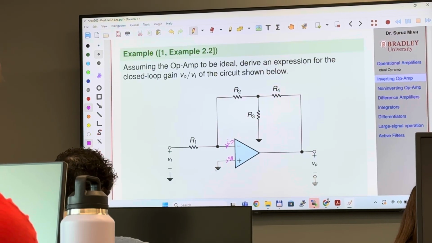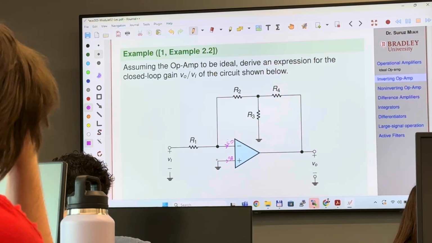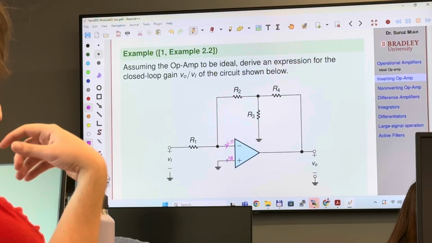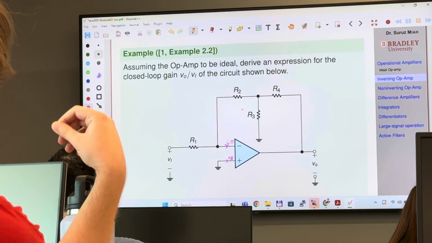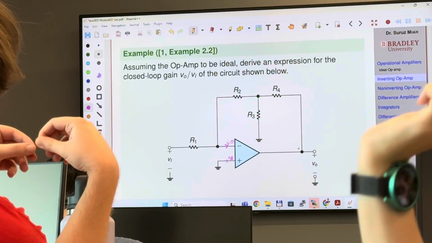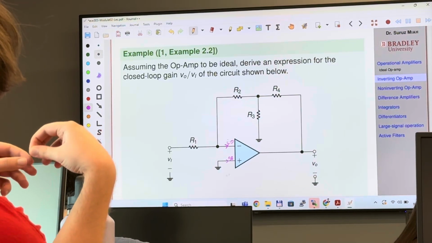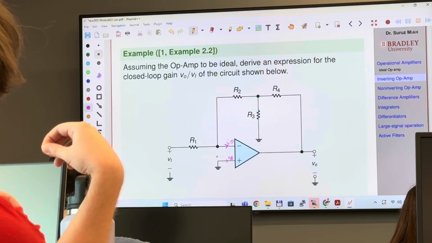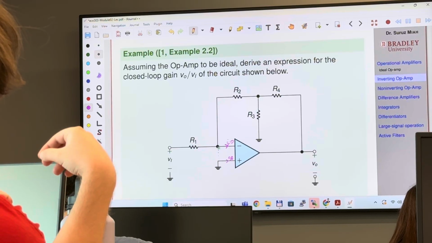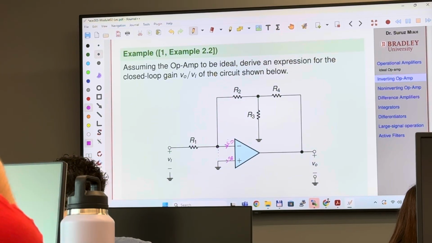So the impedance between these two terminals is infinity. Therefore, no current flows, and because feedback is present, some part of the output will come here and oppose, so the voltage difference between these two terminals is going to be zero. You can just think of these two terminals as virtually shorted. I labeled this because this op-amp is ideal.